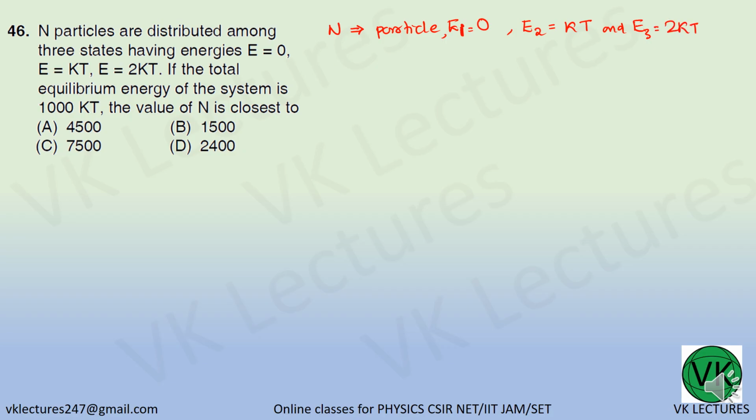Then the partition function Z equals the sum over e to the power minus Ei divided by kT.